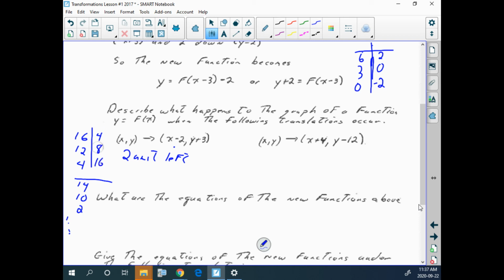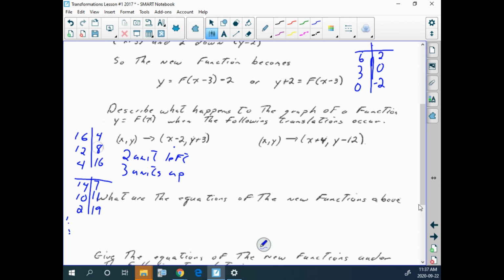And my y plus 3, here are my y coordinates of my hypothetical original function. I'm going to add 3 to both of those, 7, 11, and 19. What did we do? We took that graph and we moved it up. So we have 3 units up.